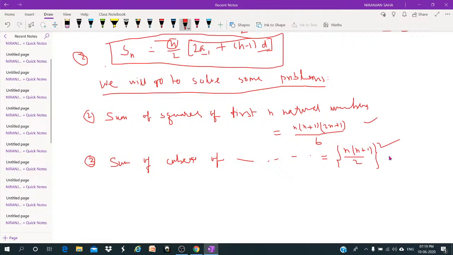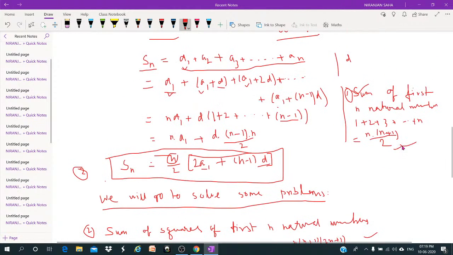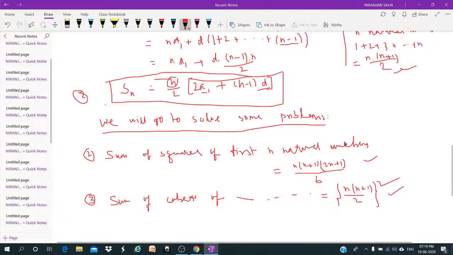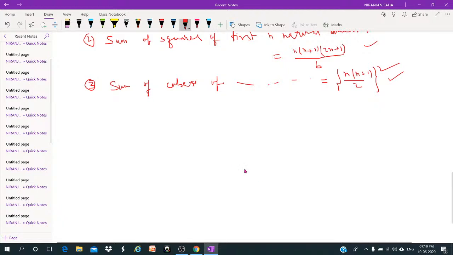These three sums of n natural numbers we have to remember, then we can solve some problems.